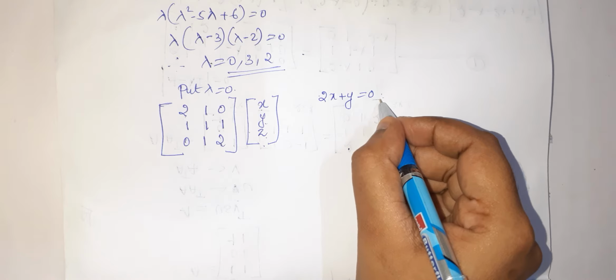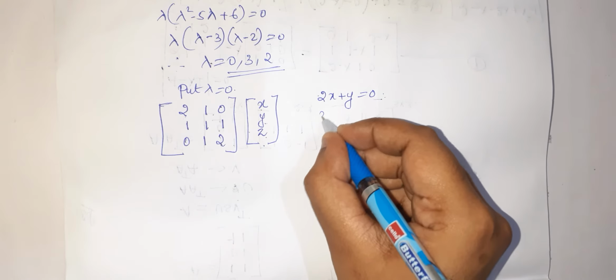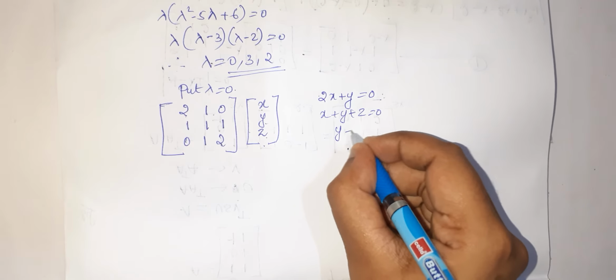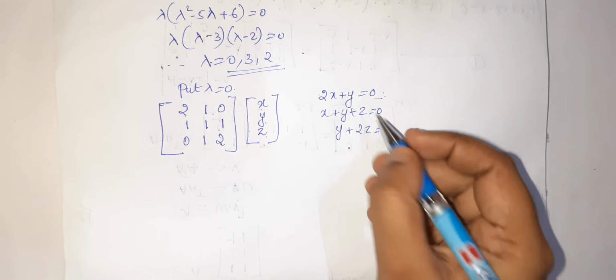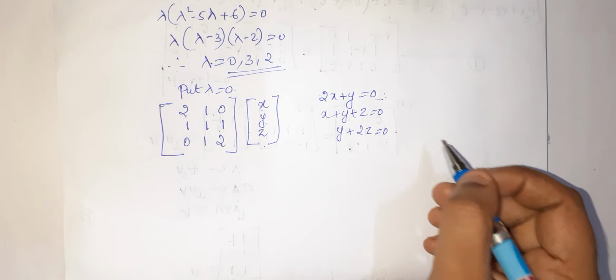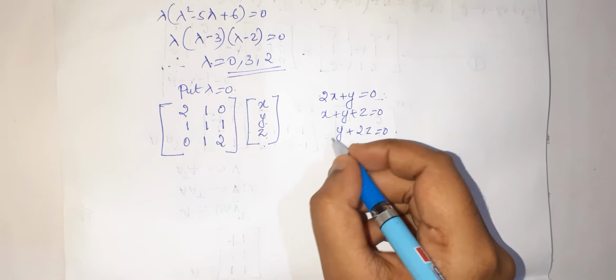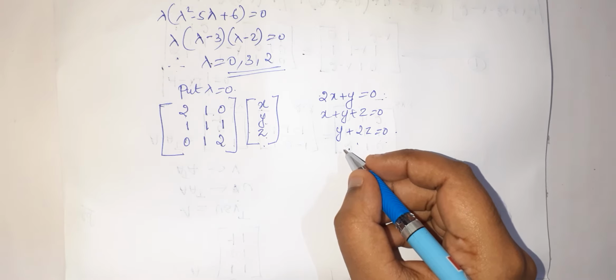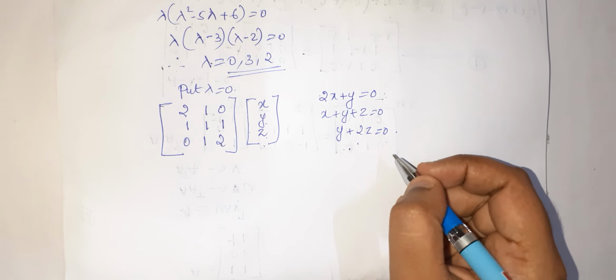To get this equation, 2x plus y equal to 0, x plus y plus z equal to 0, y plus 2z equal to 0. These are the equations we have obtained from this matrix. From these equations we can find the values of x, y and z.